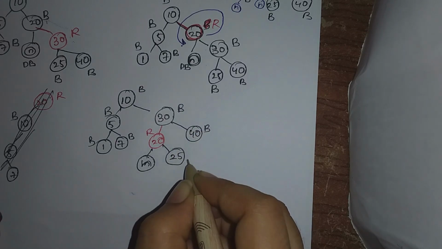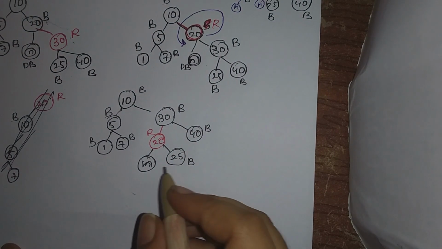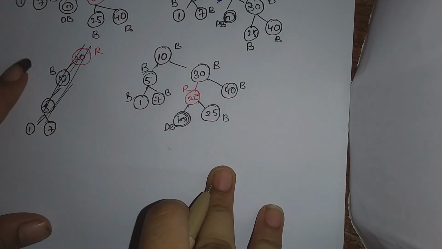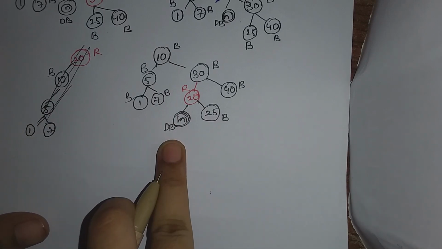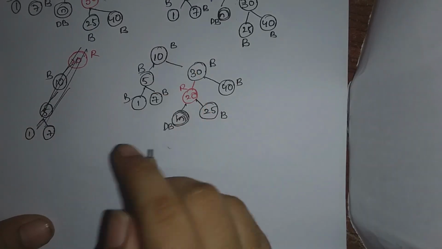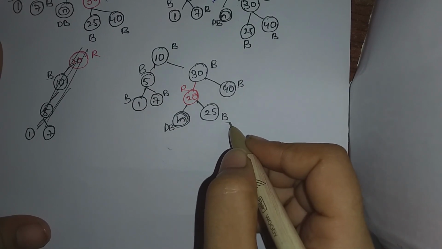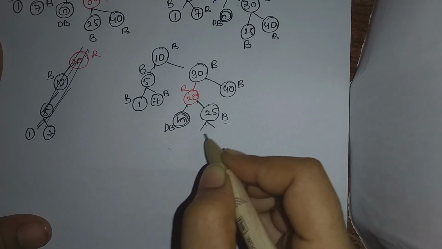Now we can just delete this. It is not going to change its color. It is the same as the DB. And then again we need to consider the cases. The DB's sibling is black and it has nil children which are black in color.